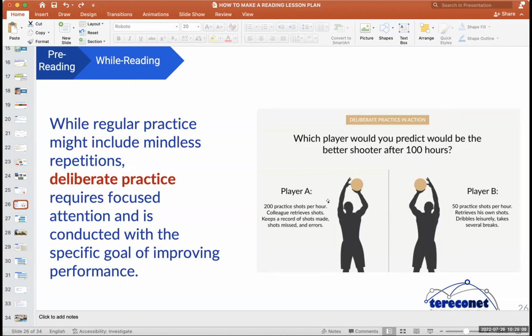But if he sits down paying attention, with the help of the coach or the teacher pointing out where the mistake is and why they might go wrong, then maybe just 50 practice shots per hour can get him to the goal.